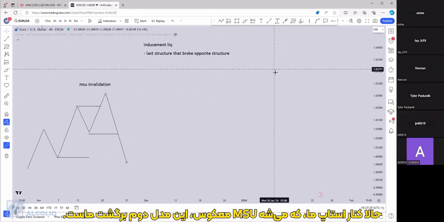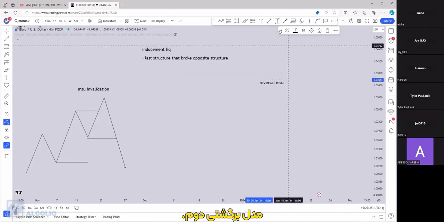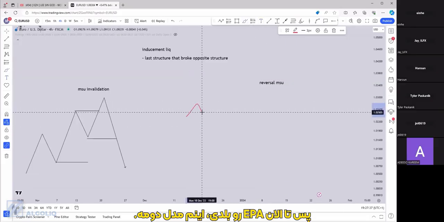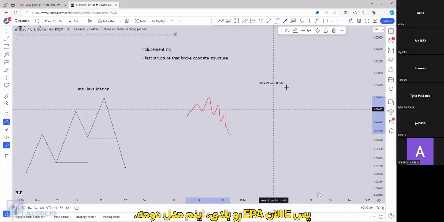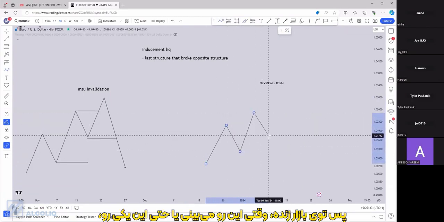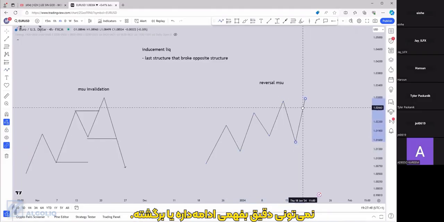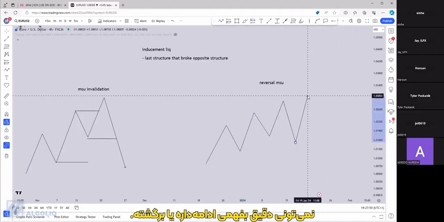Now, next to our stop, which would be reversal MSU, which will be our second reversal model. So for now, you know EPA, and this will be the second one. So in real time, when you see this, or even this, you cannot really tell if it's continuation or reversal.